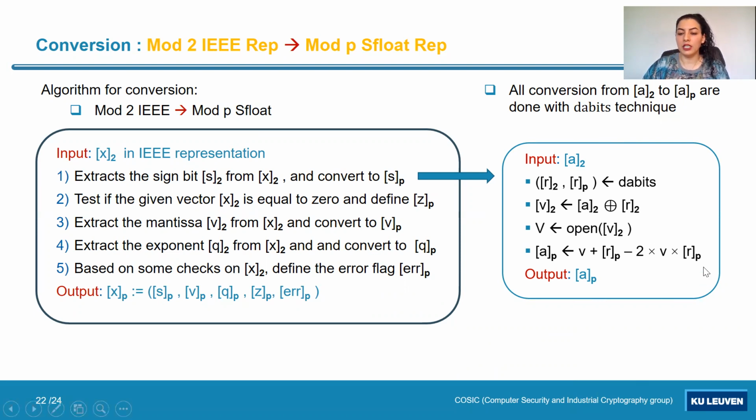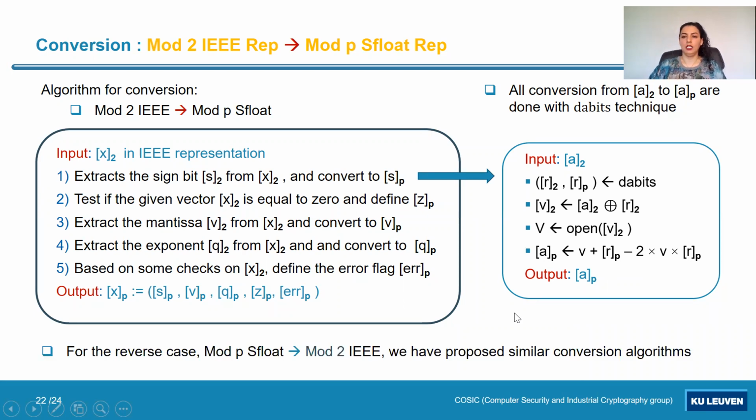Then, using the other random bit generated by the DOBIT in mod P, we cancel out the effect of this R2 that we added, and we get the value in mod P.